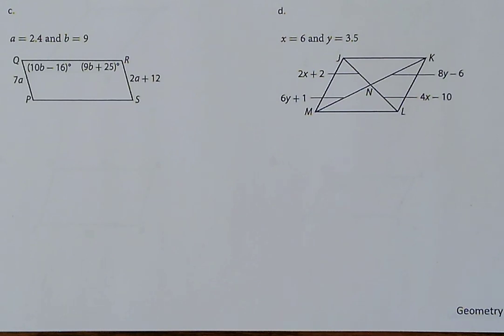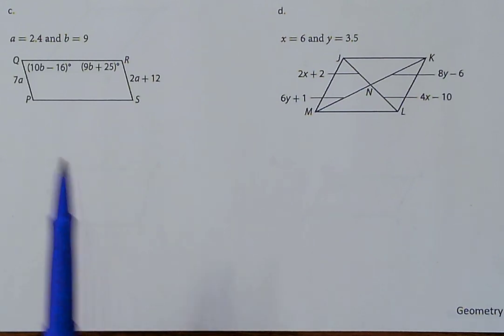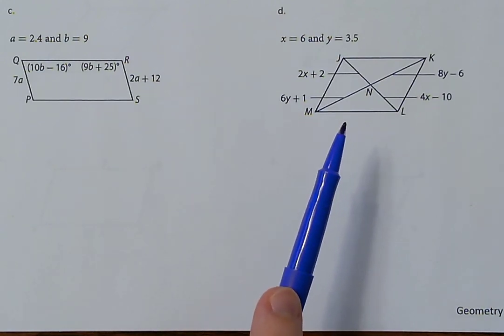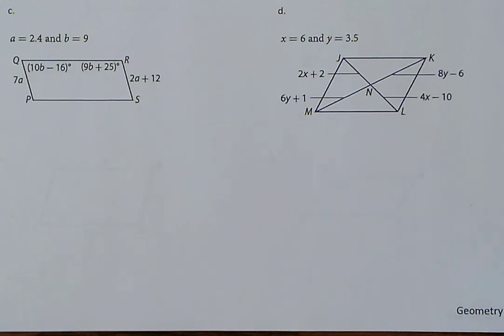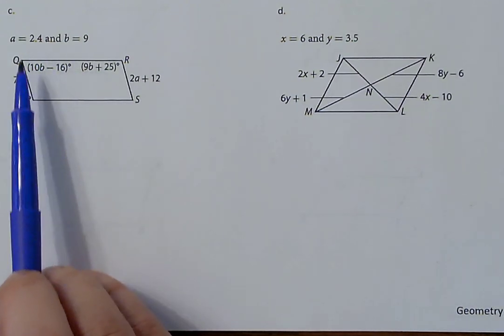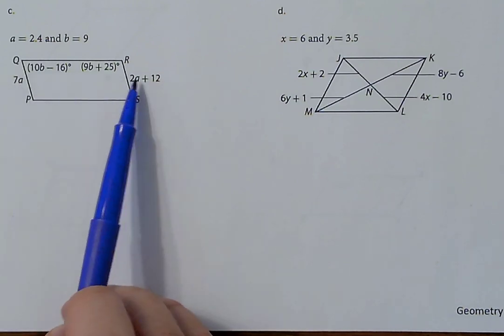I am just going to summarize what to look for if you were to do parts C and D. First of all, it is done on my completed notes if you are looking at those for reference. So all the work is done there and would show you what you would have to do. For part C, they tell me A is 2.4 and A refers to these two side lengths.